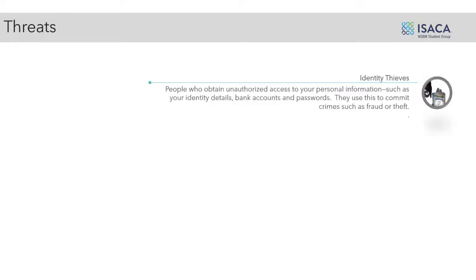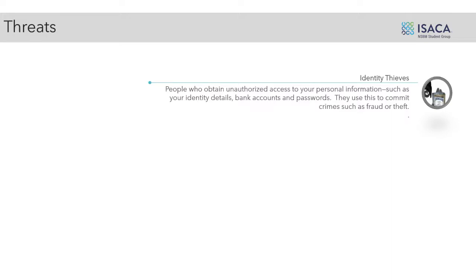So what are the threats that are there? Let's not segregate these into business-related ones and personal ones, because ultimately these threats remain the same, and if they are exploited, definitely there are going to be consequences. The first one is identity theft.